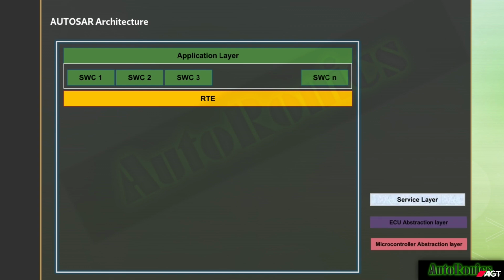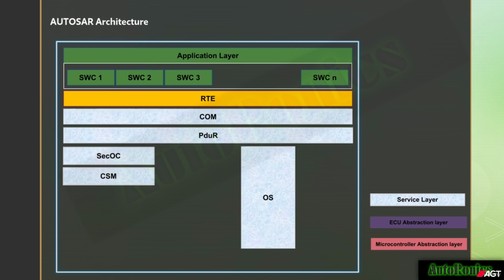Let's see the base software. The base software is further divided into 3 layers: service layer, ECU abstraction layer, and microcontroller abstraction layer. So let's see about the service layer. The service layer is the topmost layer of the basic software, which also applies its relevance for the application software.